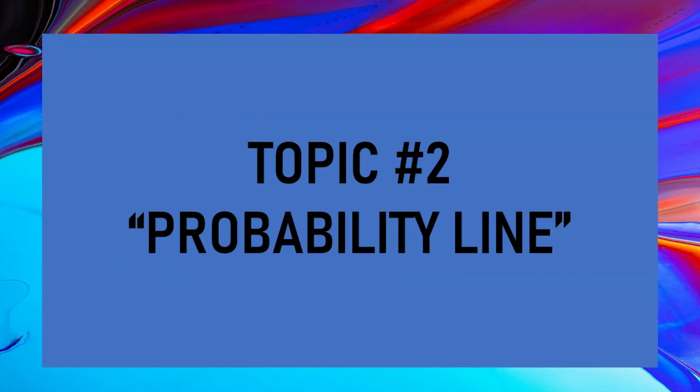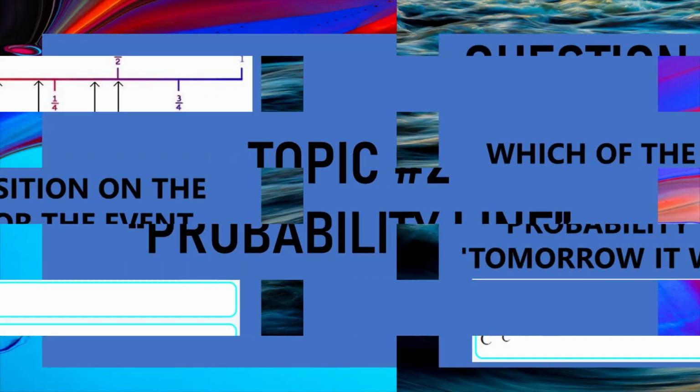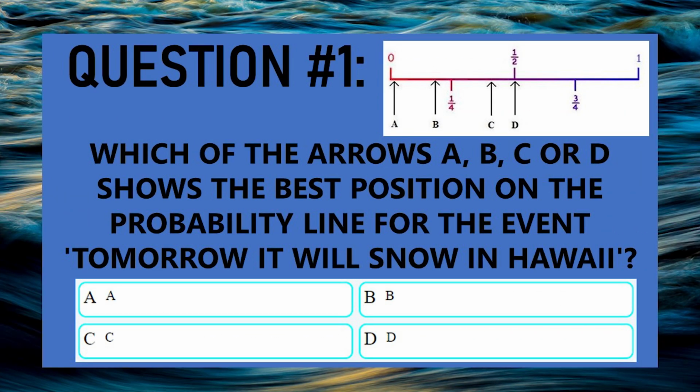Topic number 2. Probability line. Question number 1. Which of the arrows A, B, C, or D shows the best position on the probability line for the event tomorrow it will snow in Hawaii?